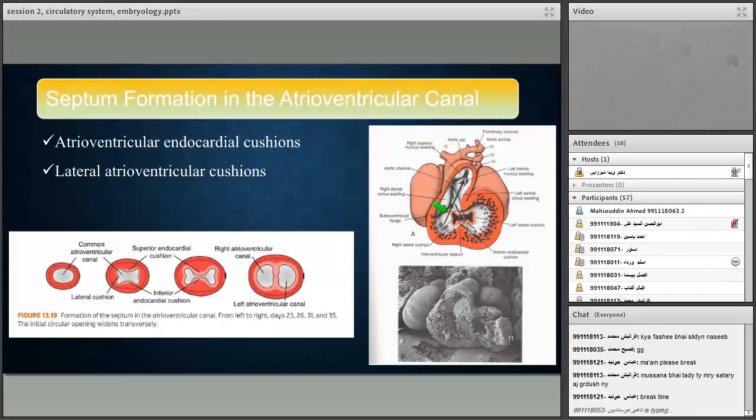They are shifting this part into the left side. So, at that time, instead of entering just the left ventricle, the blood is also entering the right ventricle, the proximal part of the bulbus cordis.